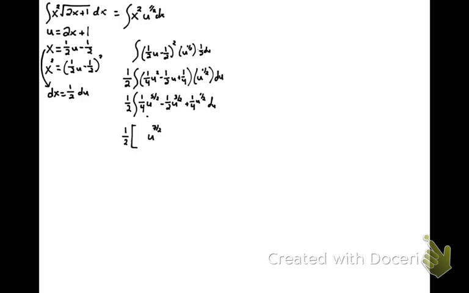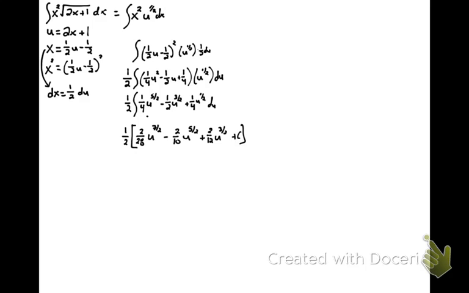And so this must have been 2/28, minus, this is u to the 5/2, which means this must have been 2/10, and this will go to u to the 3/2, which means this must have been 2/12, plus c.